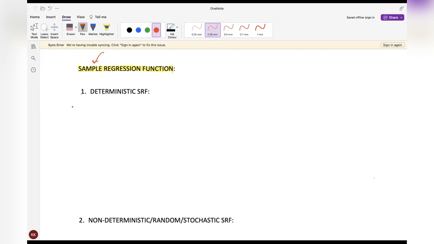So instead, out of this entire population, we randomly select a group of individuals, and we collect the data from those individuals, and on the basis of that data, we try to find out the approximate value of our entire population. So that is why we have sample regression function.